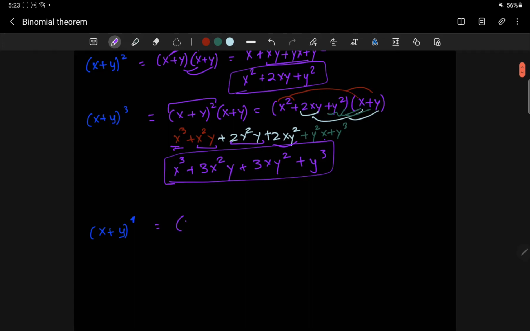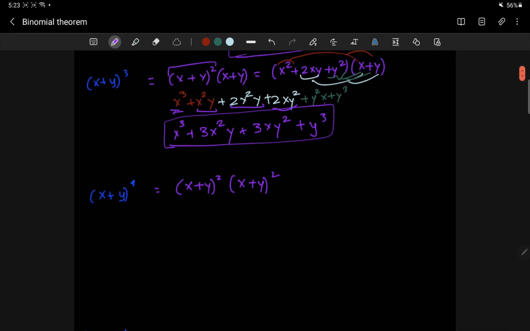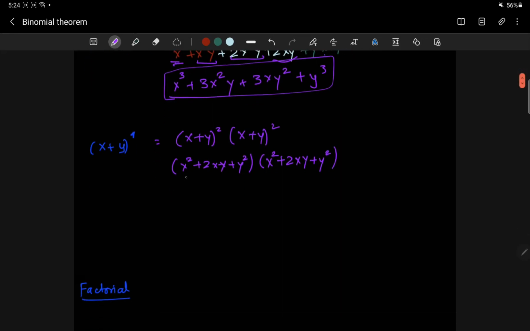For power 4, let's say I split it as 2 and 2. Then I have x squared plus 2xy plus y squared, times x squared plus 2xy plus y squared. Once again, I FOIL.